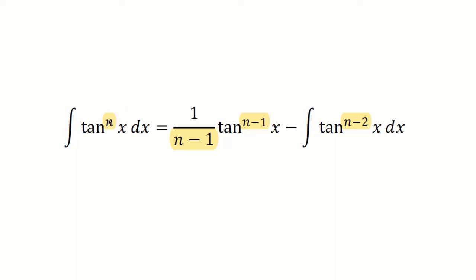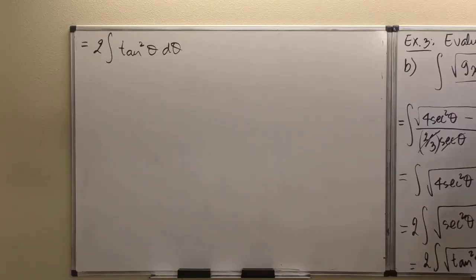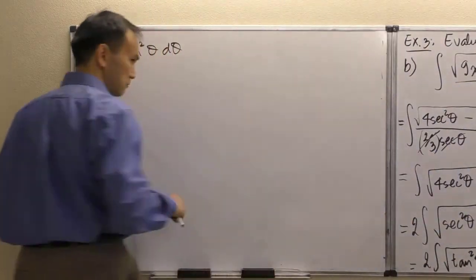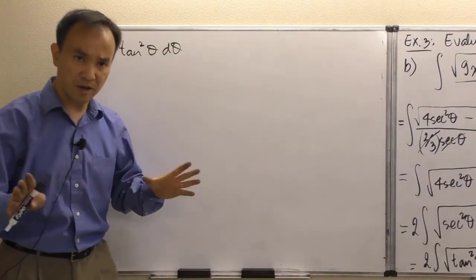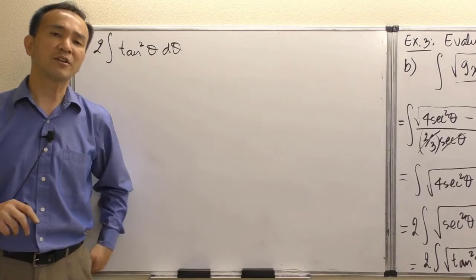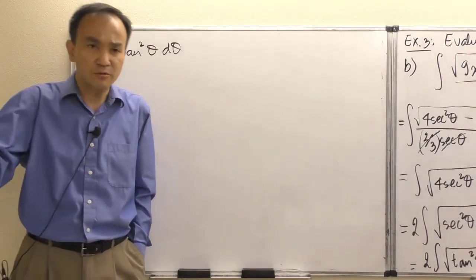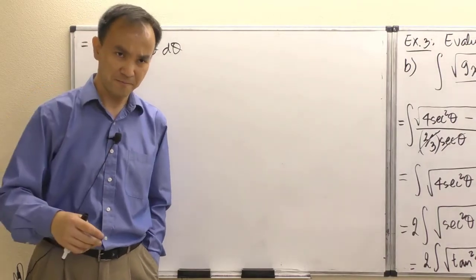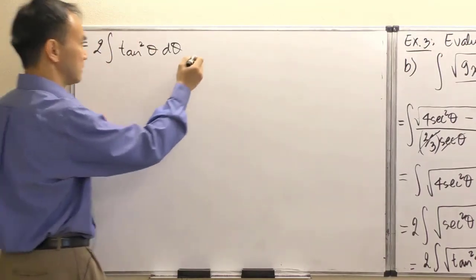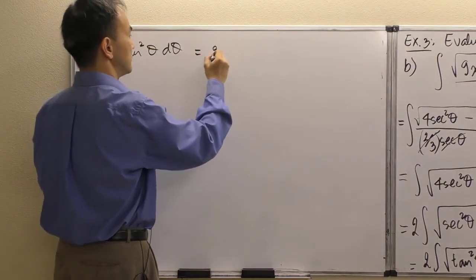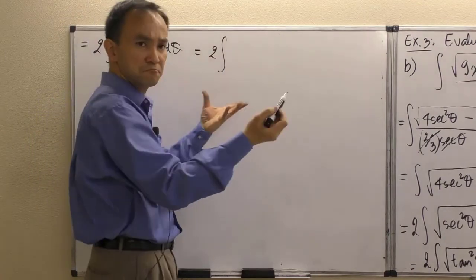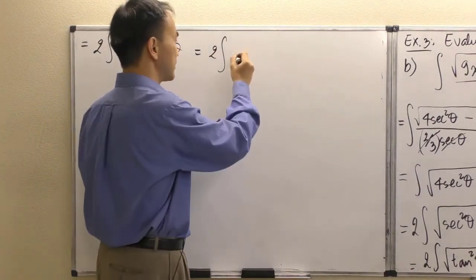But allow me on this board to stay with just the fundamental solving work, more direct instead of using formulas, because there could be times where we don't always remember formulas, right? So tangent square can be expressed as, again, we know these identities from trigonometry.